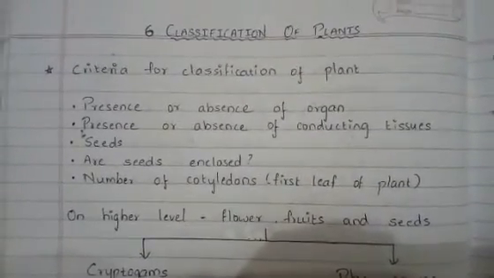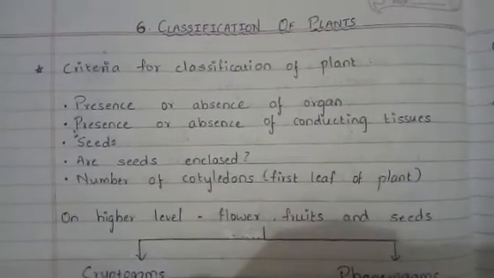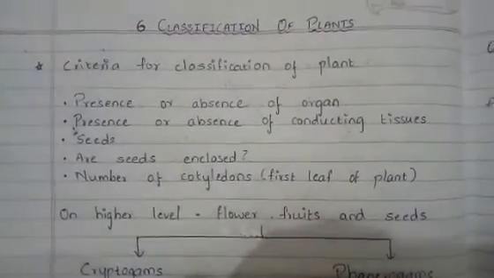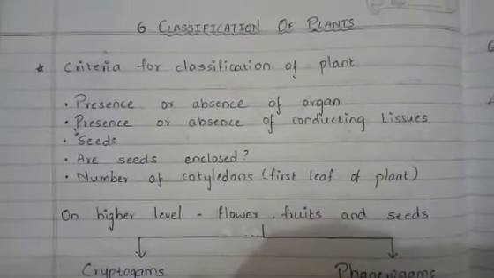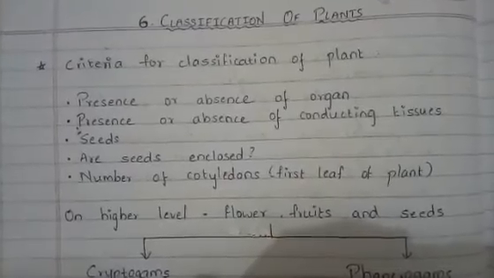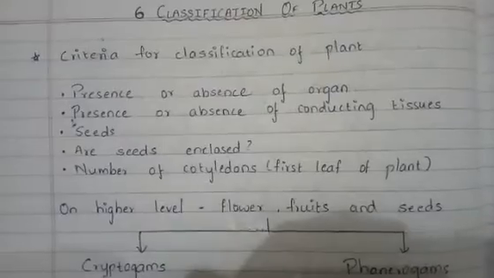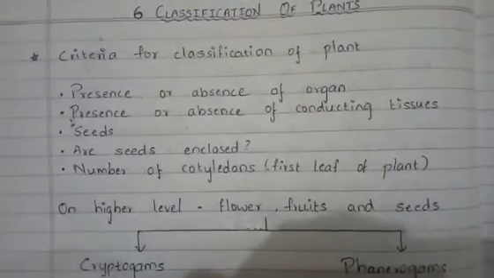There are some criteria on the basis of which the plants are classified into different groups. Plants have different groups, and there is some reason why a plant belongs to a particular group. So the reasons behind this classification are written over here.